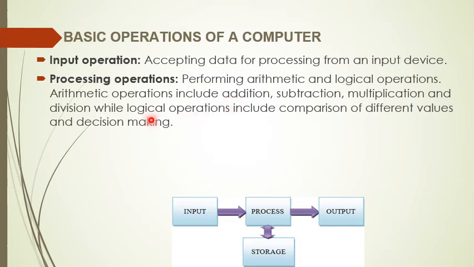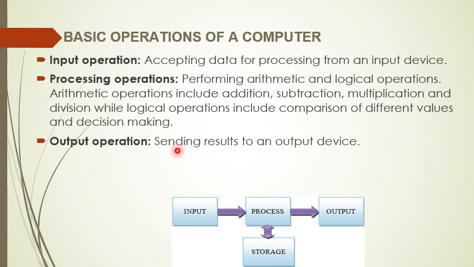And some logical operations also, just like comparison of two numbers or decision making. These are known as logical operations. So addition, subtraction, multiplication are arithmetic operations. Logical operations are decision making or comparison of two numbers, greater than, less than, equal to, greater than or equal to, all these are logical operations. Who performs that? The processor performs that.